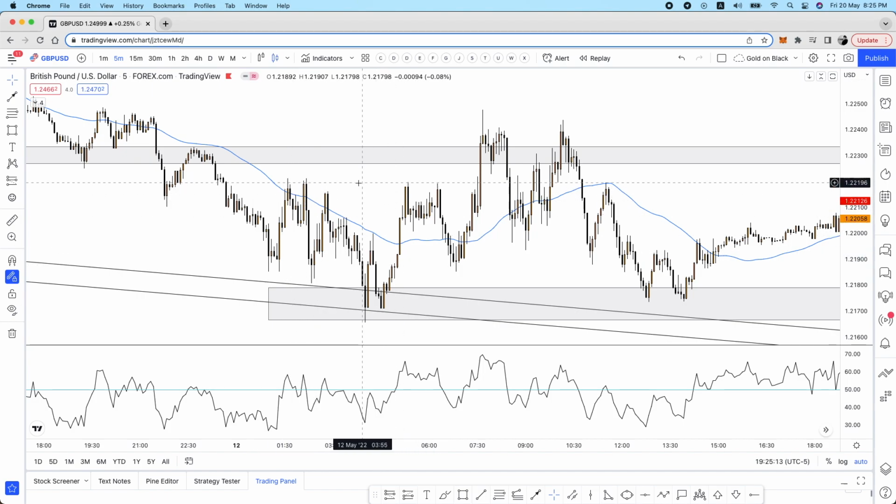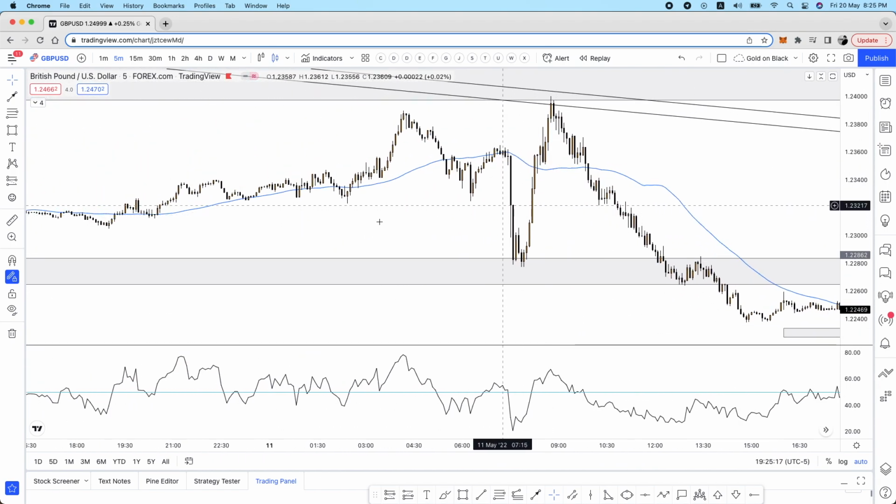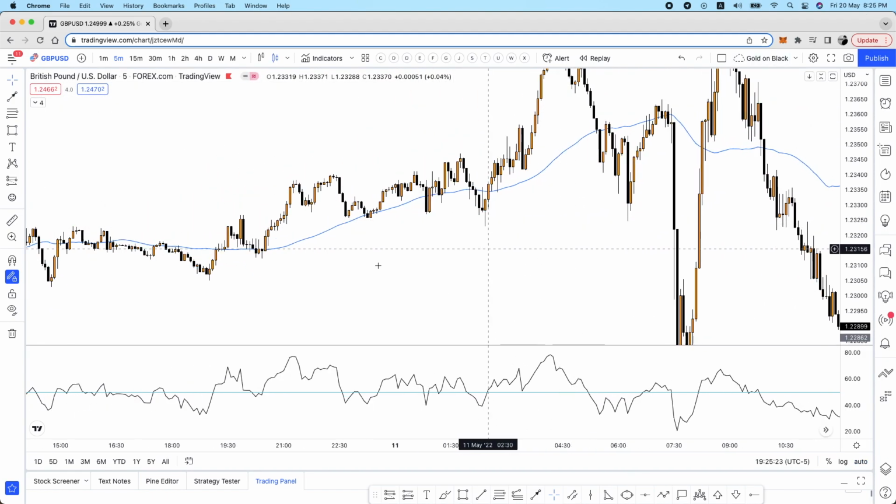Whenever you see all of a sudden the price pushing up very strong, with big candles, that could be taken as a demand zone, if it's at the bottom, for example.